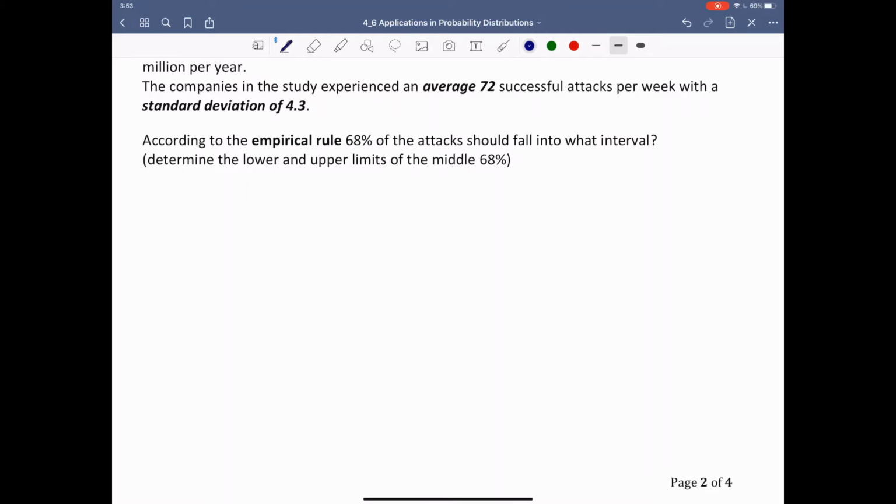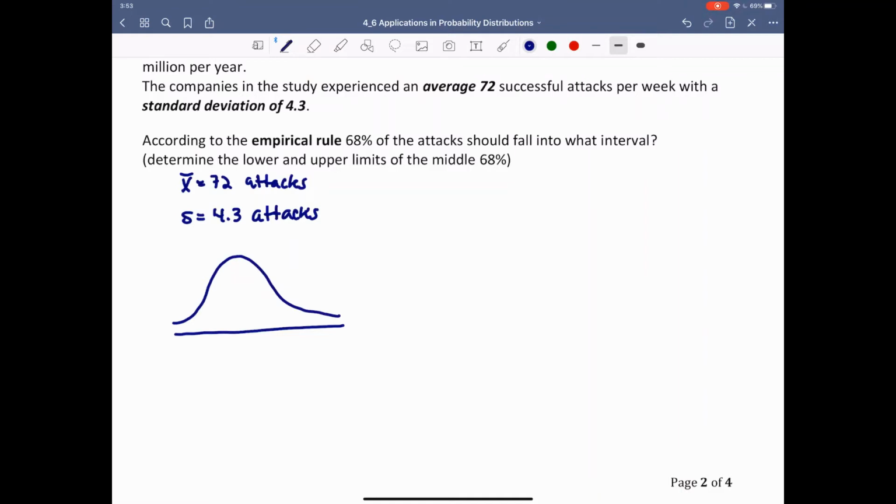So we know that our mean is 72 attacks, and our standard deviation is 4.3 attacks. So we want the middle 68% using the empirical rule.